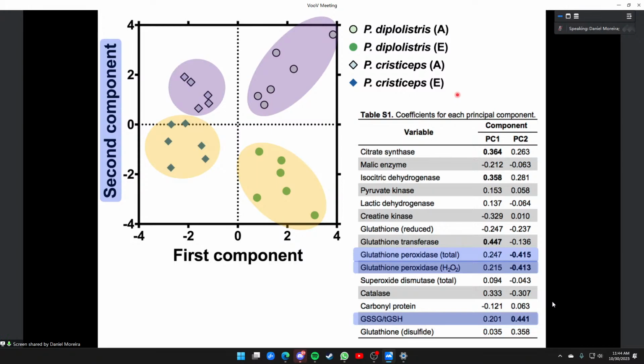And for the second component, which separated active and estivating animals, we had a contribution of the markers related to redox metabolism. So we have a strong contribution for glutathione peroxidase and the GSSG to GSH ratio.